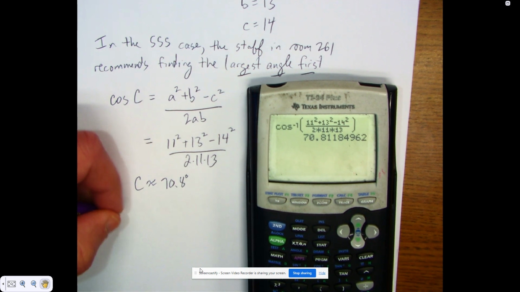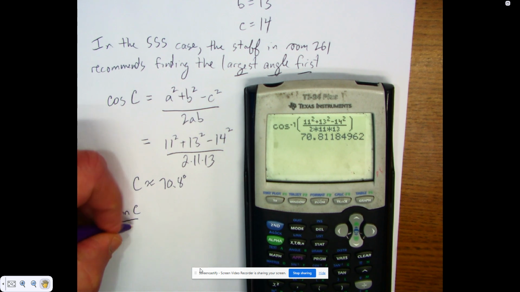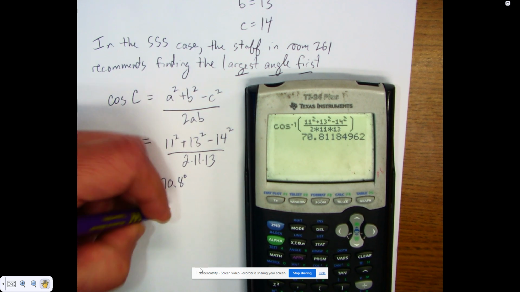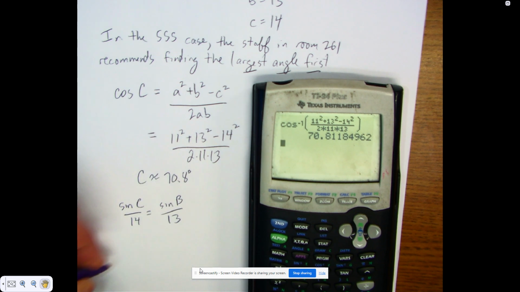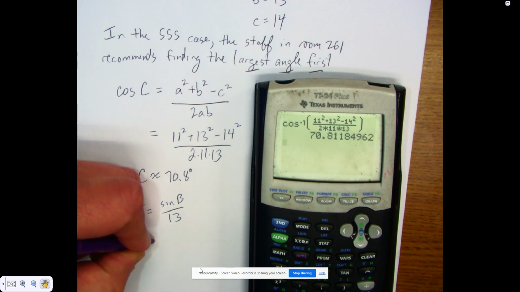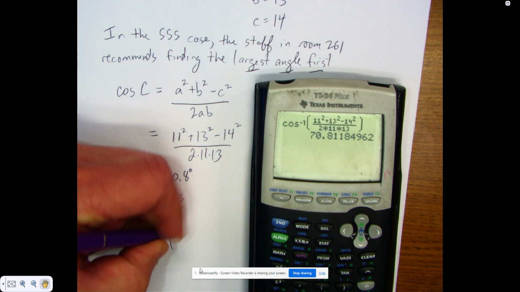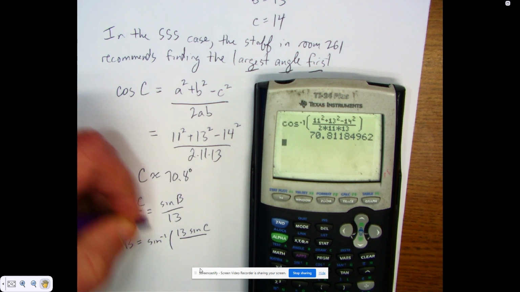Now I could use the law of sines or the law of cosines to find the next angle. Okay, we'll just go ahead and use the law of sines. So the sine of C over 14 is equal to the sine of, say, B over 13, which is to say that B is the sine inverse of 13 sine C over 14.